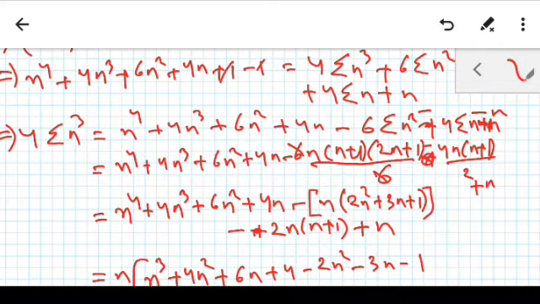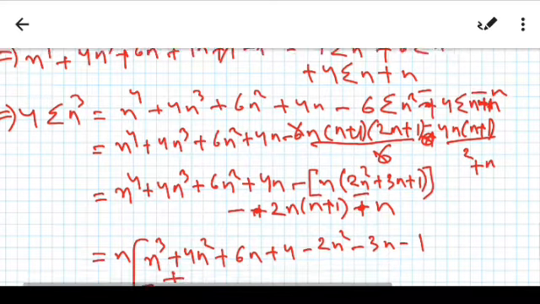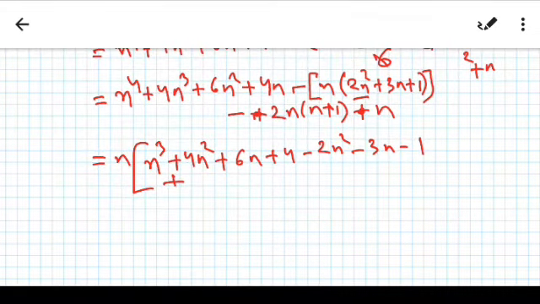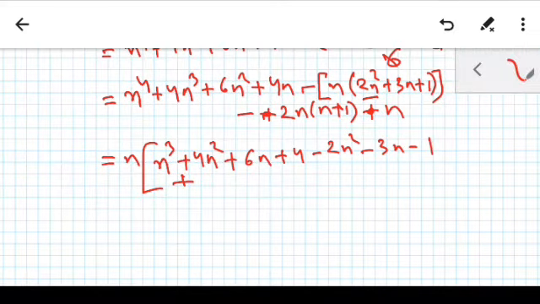Clear? So now look at this. Here also the same thing. Here it will be minus n, right? Now look at the terms. Minus 3n, then I have taken n common, so it will be left as minus 2n, minus 2, then minus n, minus 1, sorry.